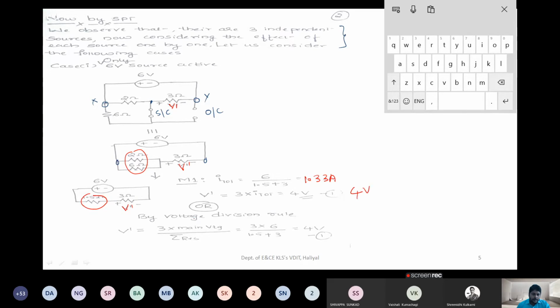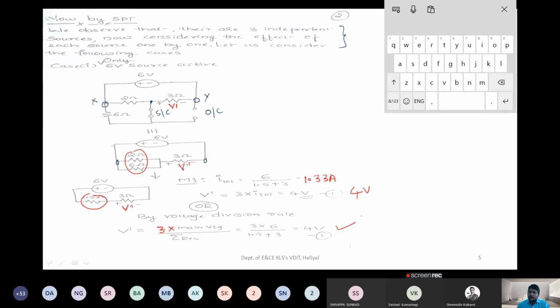Second method, I may use the voltage division rule. According to the voltage division rule, the voltage across a resistor which you want, you take that resistor and multiply it with the main voltage, which is 6, and divide it by the summation of the resistance of the entire network. Here we have only two resistors, 1.5 ohms and 3 ohms.